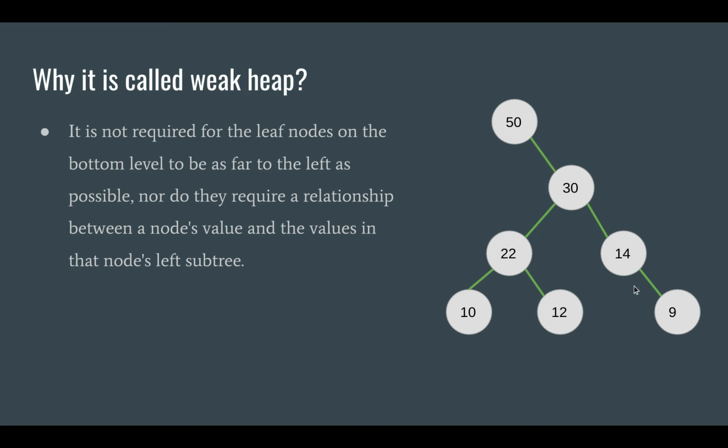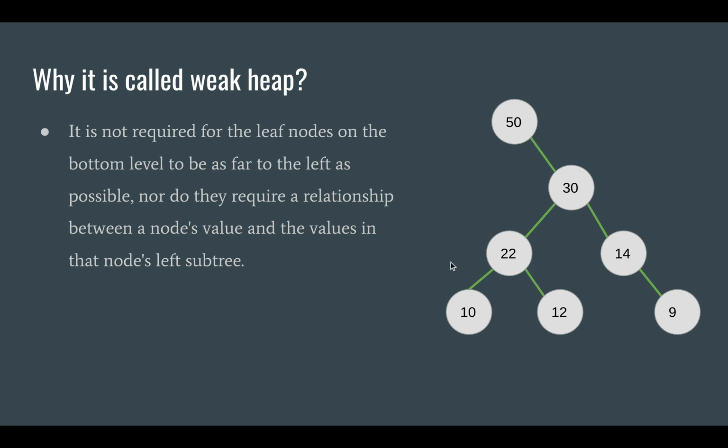For example, here you can see that the node 14 has a child which is 9, and in the case of a binary tree, this 9 should be the left child of this node. But in a weak heap, it is situated on the right side, as the right child of the node 14.